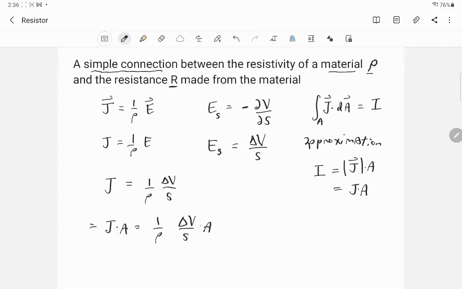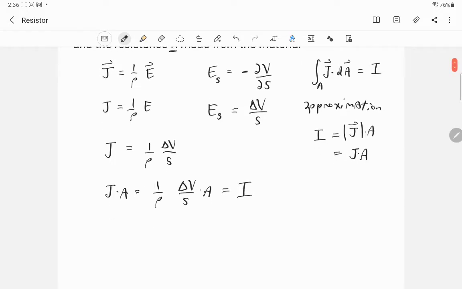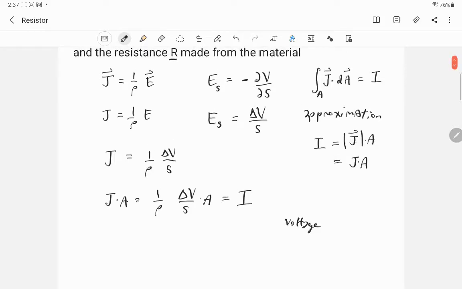And this is current. Current is J times A, and here's J times A. So now let me rearrange this a little bit, because look at what I have. I have voltage on the left-hand side mixed in with some shape issues, like a distance called S along which the electric field was acting, the area A, which is transverse to the direction in which the electric field was acting. Remember, the electric field and the current density are in the same direction.